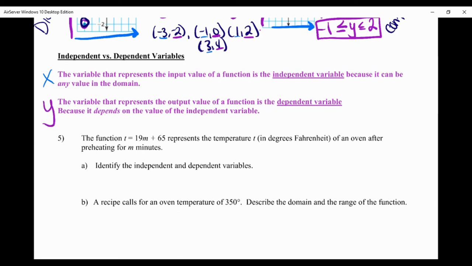Okay, so independent can be anything. Doesn't depend on any other set of data. So typically, the independent variable is like number of something. Okay, it's a quantitative variable, meaning you can count it. 1, 2, 3, 4.